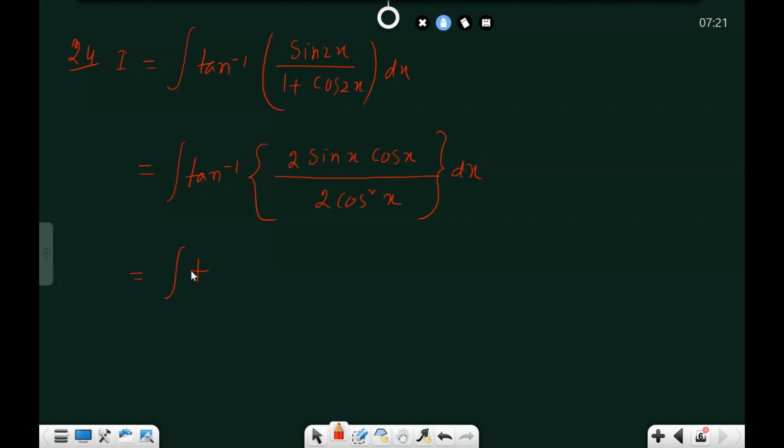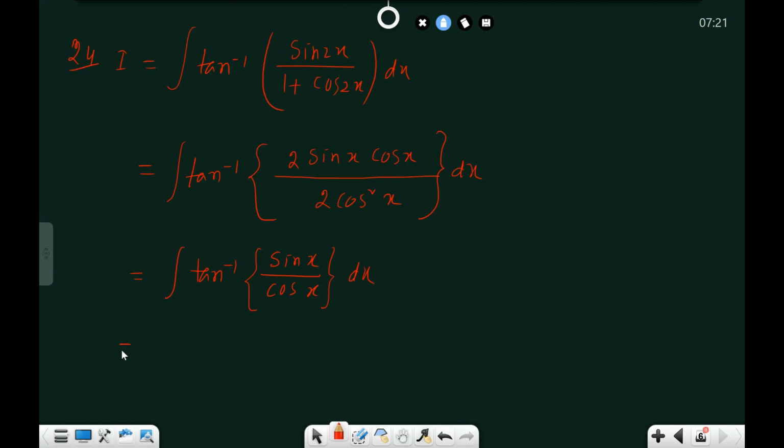integration of tan inverse is remaining here. Now you see this 2 will get cancelled, cos cancelled. So in the numerator you will have sin x, and from the denominator you will have cos x, and dx is already there.